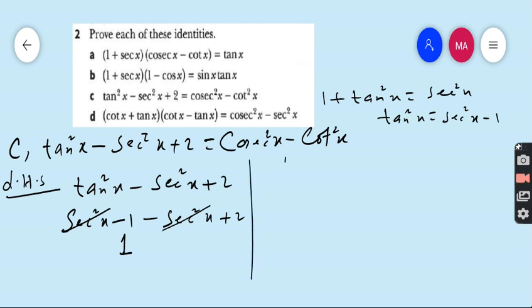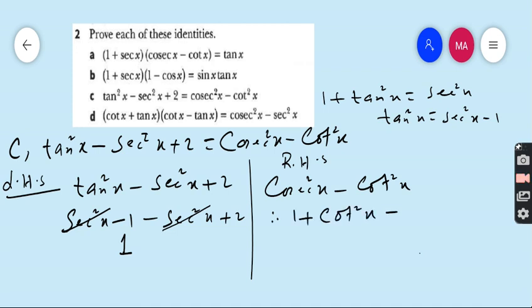Now take the right hand side: cosec square x minus cot square x. There is a formula I am writing over here: 1 plus cot square x is equal to cosec square x.